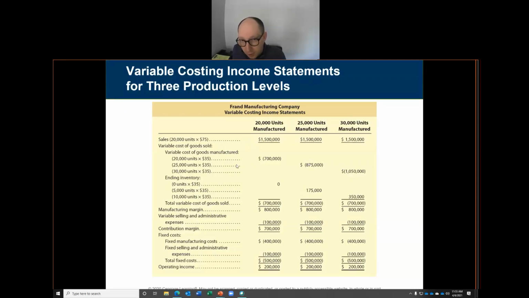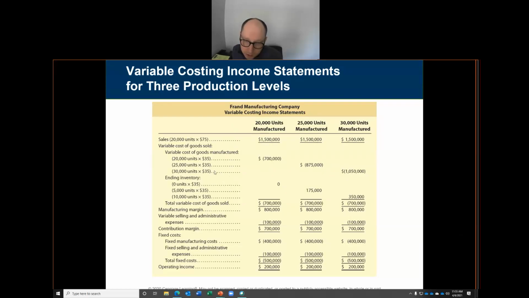Now, let's take a look at the variable costing model. If we made 20,000 units, 25,000 units, 30,000 units, it doesn't matter. We only sold 20,000 units, so the sales is the same. Take a look at the difference. Variable cost of goods manufactured, $35 per unit, regardless of how many you made.